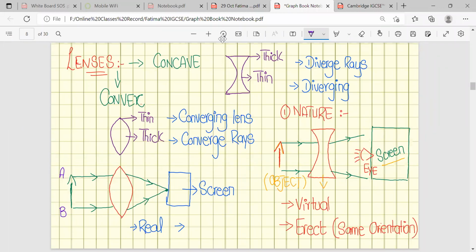So the light rays passing from the head of the object are moving downward, and the light rays coming from the bottom of the object are moving upward, right? Like this. So the formation of the image will be like this, an upside down image, right? So the image will be known as an inverted image.